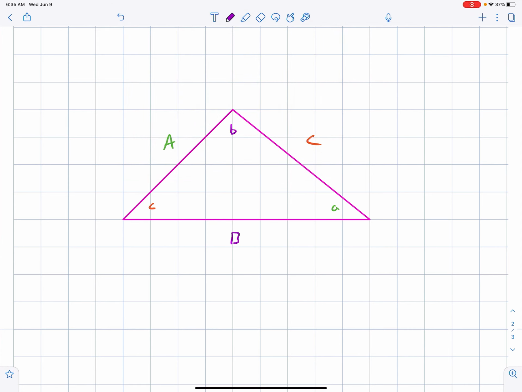B and little b, C and little c. Okay, all the letters are what they're supposed to be. Terrific. Okay, so I'm going to prove this for A and C, and leave proving the rest of it for B, getting B in there and sine B, as an exercise, because it's the exact same way of proving it. You just sort of reorient the triangle, and I think that's a great exercise.